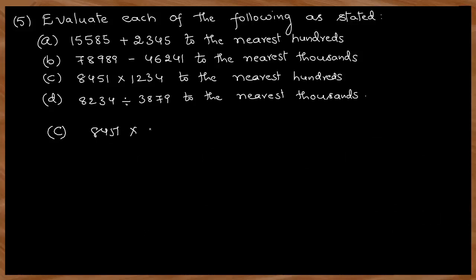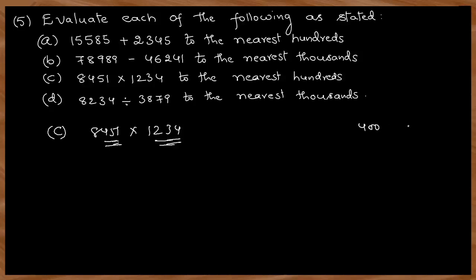8451 into 1234 to the nearest hundreds. For the nearest hundreds you have to take up to the hundreds place only. So what will be the nearest hundred of 51? From 50 to 99 you can write it as the next 100 only. Okay. 400. 451.